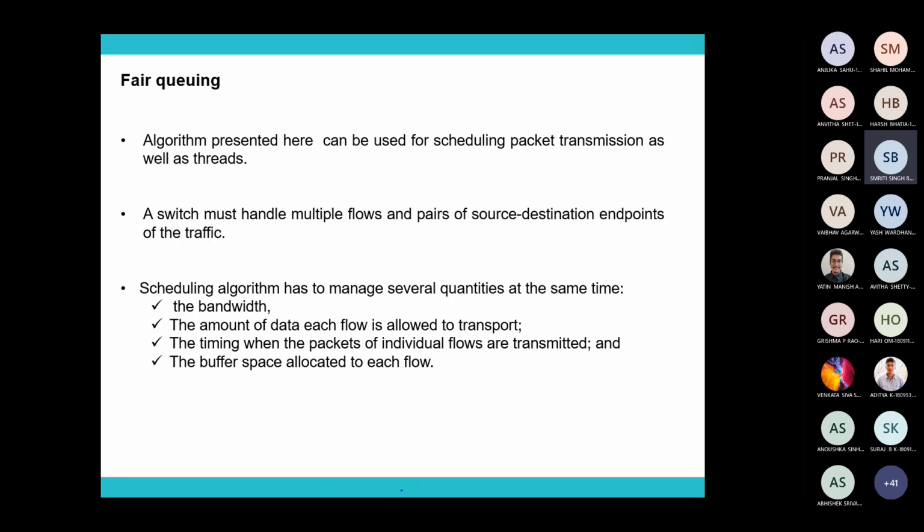For example, let's say two threads are running and using one resource, and both threads are given equal weightage. Both threads are running and both are consuming that resource.